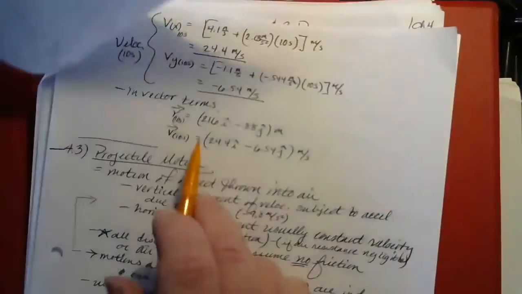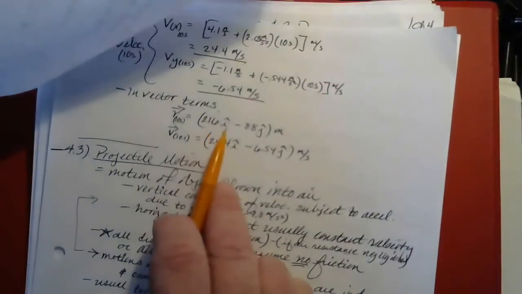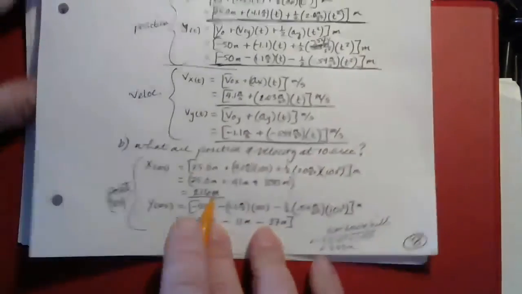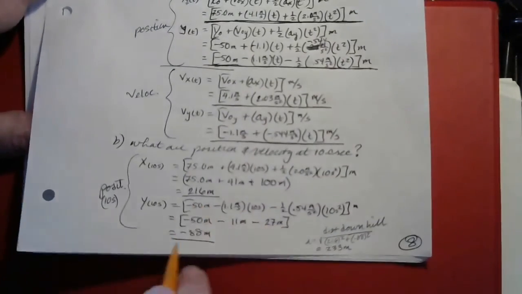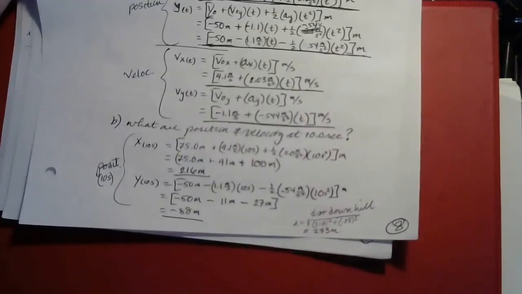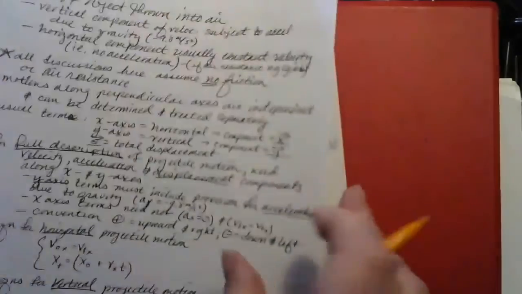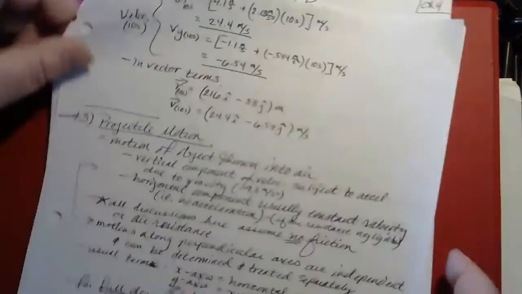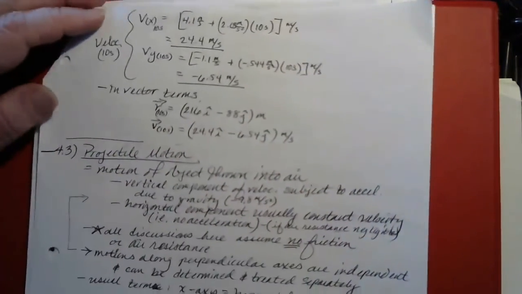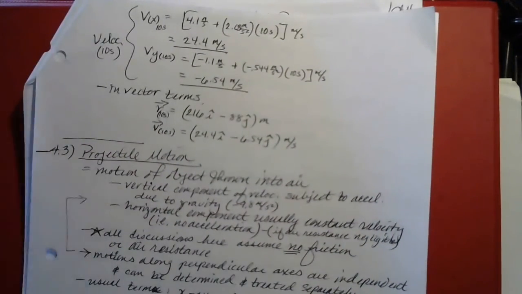For the position, we can do the vector equation as 216 times unit vector i, because 216 was the position in the x direction. And we can then take that minus 88j, because negative 88 was the position in the y direction, and that's meters. So those would be the vector equations for the position of the skier at 10 seconds.